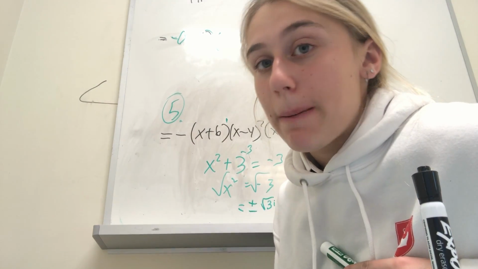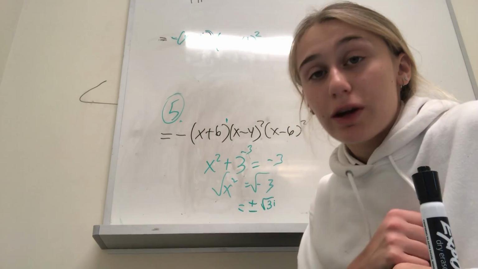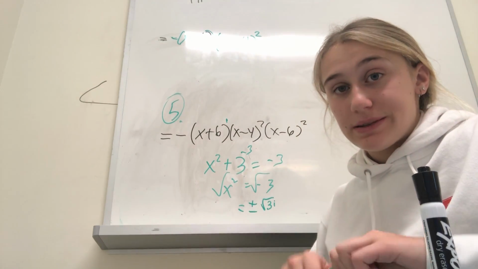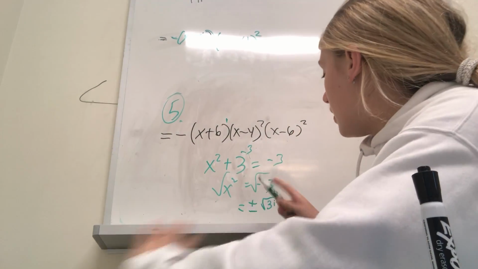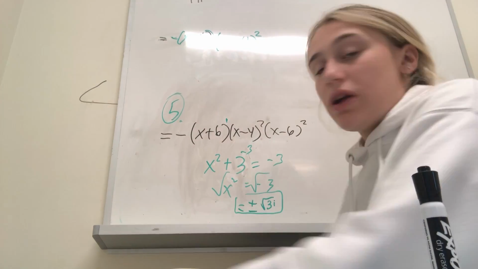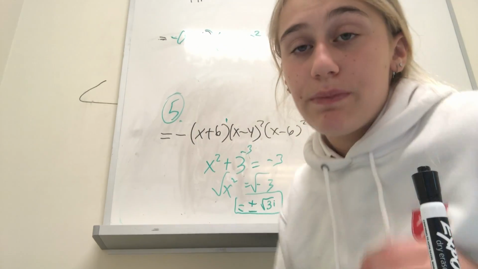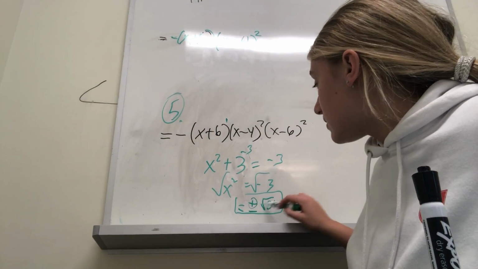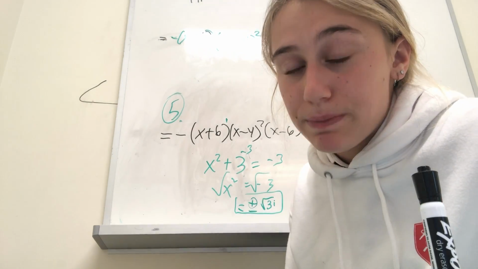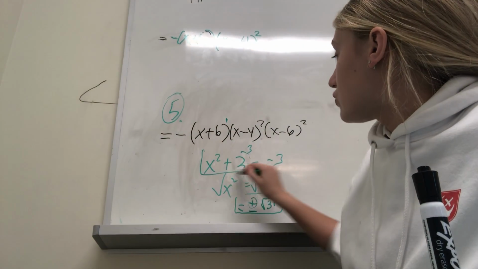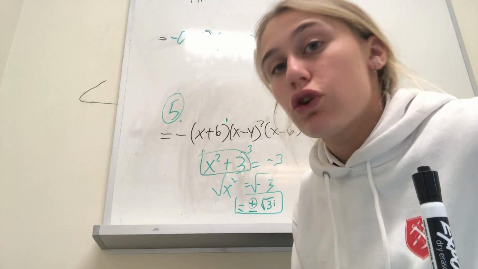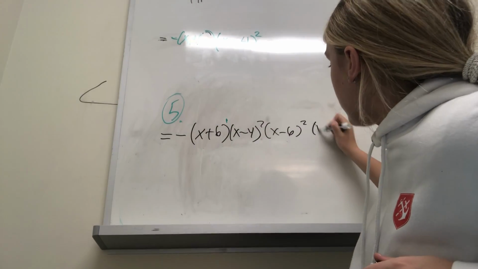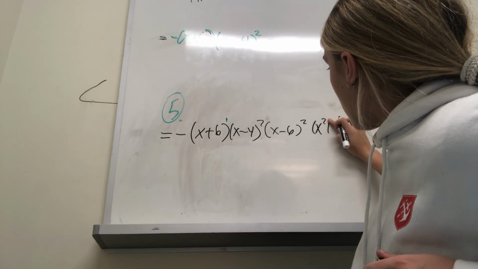It will actually be imaginary. There will be turning points in the equation, but they won't intercept the x-axis. And a very important thing to note about imaginary roots is that there are 2. So it's plus 3i and minus 3i, meaning that this x squared plus 3 will actually create 2 roots. So we'll add x squared plus 1.